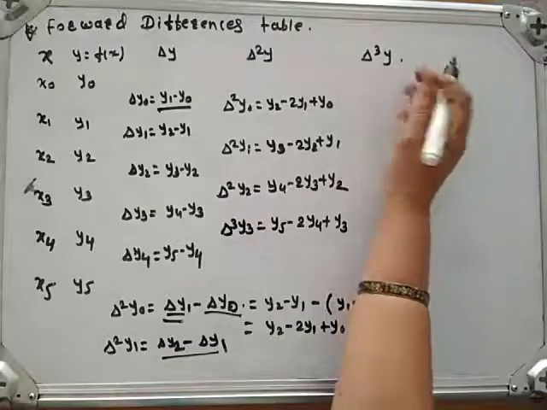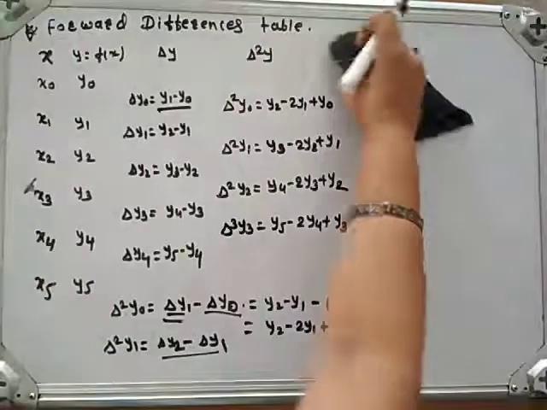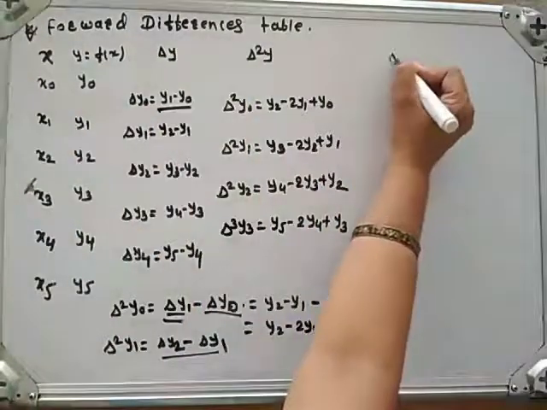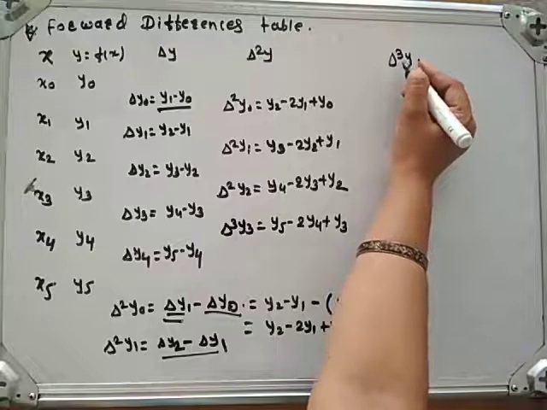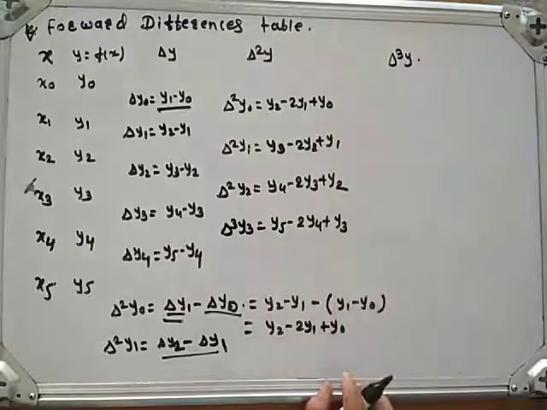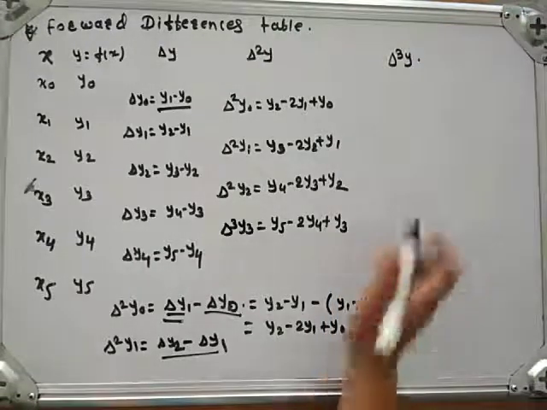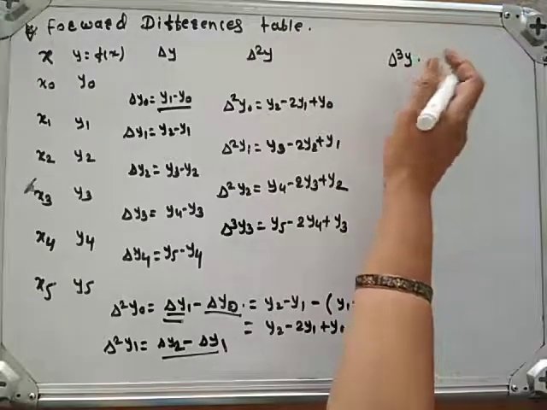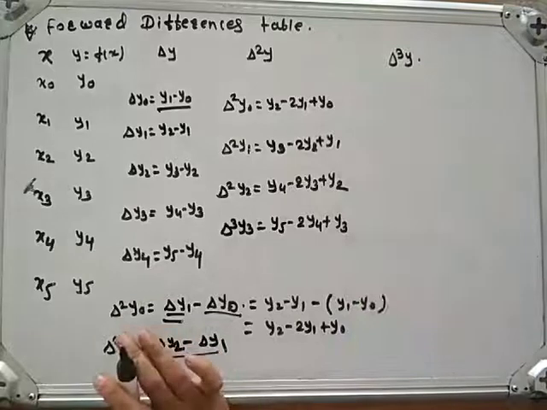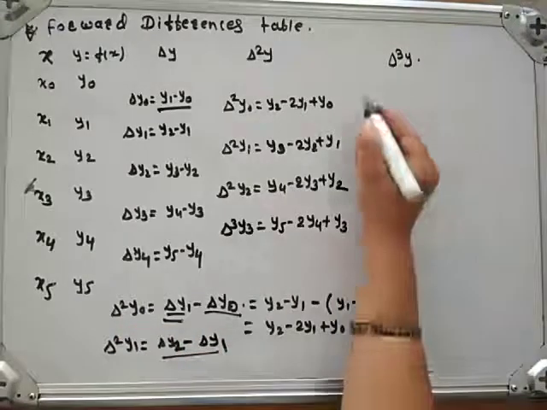Okay. Next, delta cube y. It is the third order forward differences, which is nothing but the differences of second order forward differences.